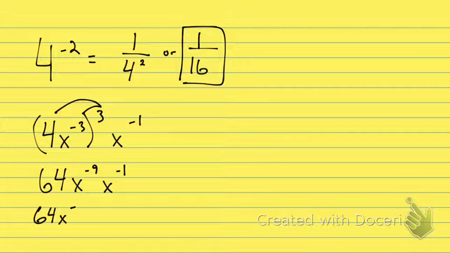Because I can add exponents when I have additional factors, right? This is the product property. Okay. So we want our simplified answers to always have positive exponents.